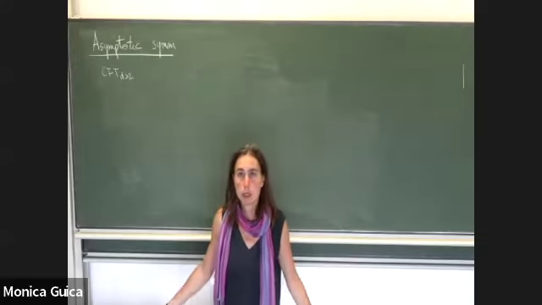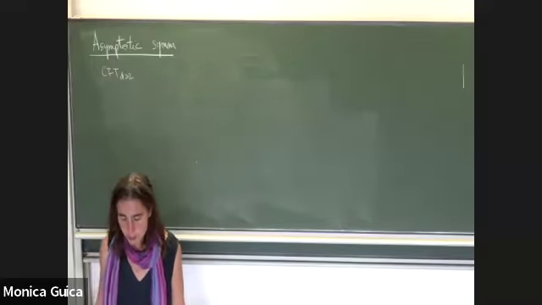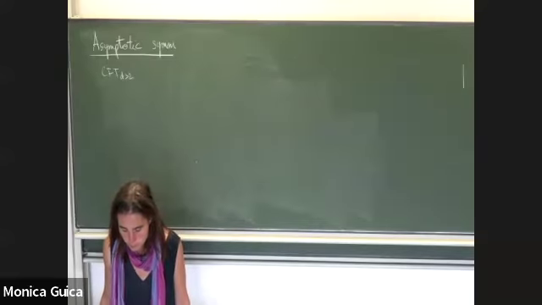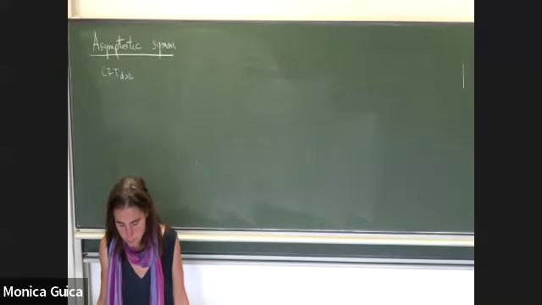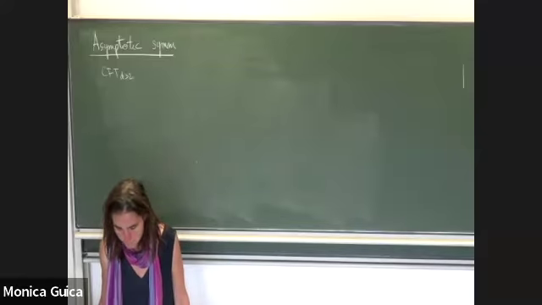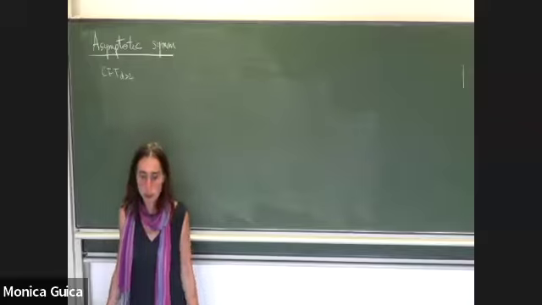Somebody can tell me what the symmetries of a CFT-D are for D greater than 2? Just to check you're following. So translations, dilatations, Lorentz symmetry, and special conformal. Very good. And what group do they form?